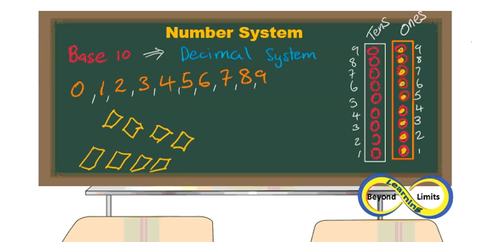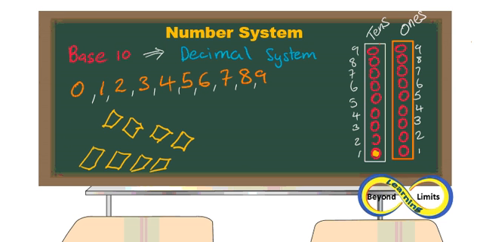And when we have one more plane landing on the ground, look at what we're going to do. We're going to turn off all the LEDs over here, or all the lights over here we're going to turn off, and we're going to turn on this light to show that we have one group of 10 and no ones.